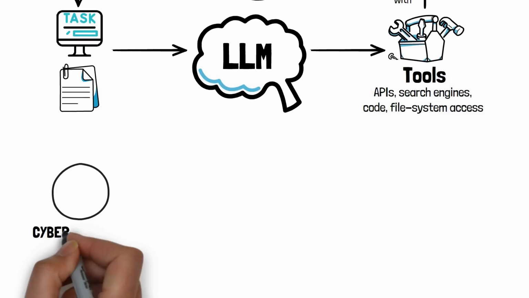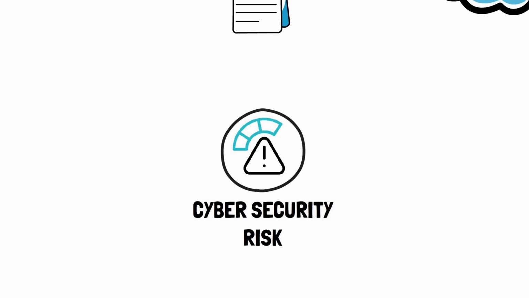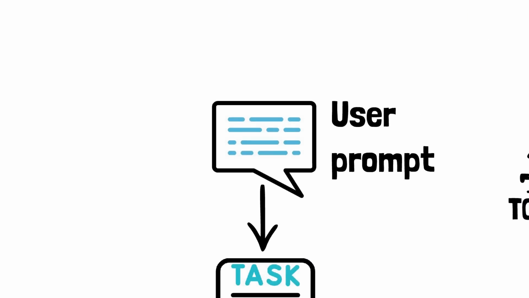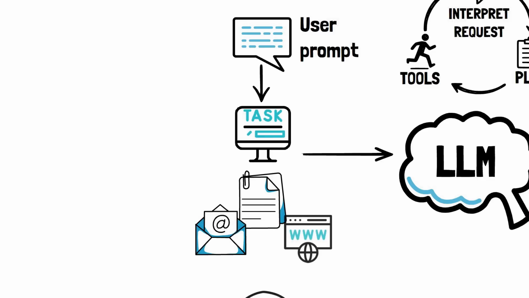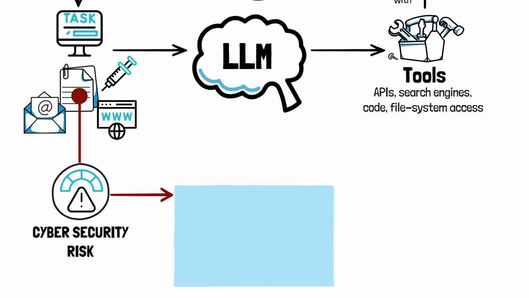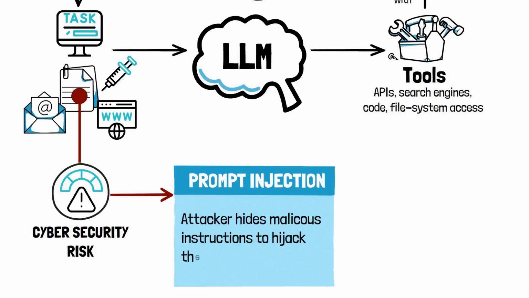The main cybersecurity risk comes from the fact that LLM agents process input from many places: user prompts, documents, emails, web pages, and any of these can contain prompt injection attacks. Prompt injection is when an attacker hides malicious instructions in that input to hijack the LLM's execution flow.